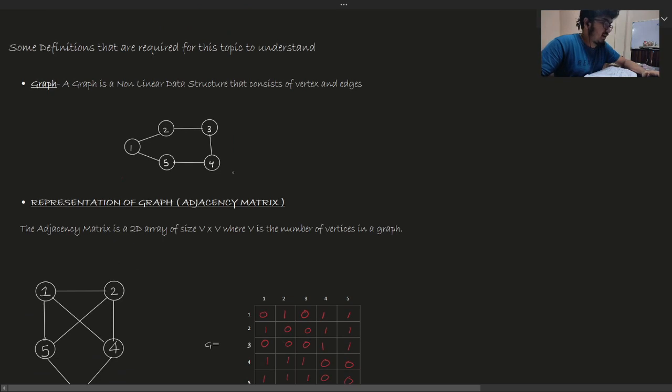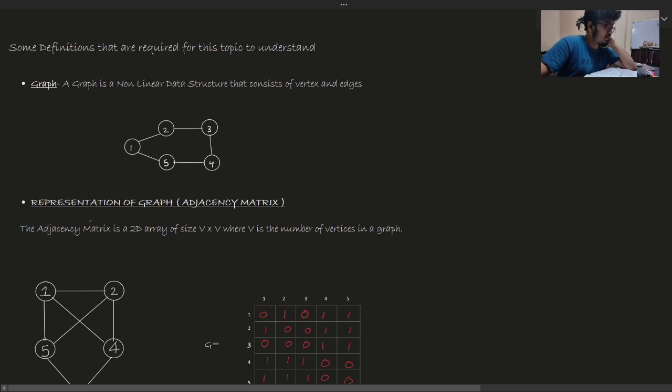How will we represent a graph? How will we code it inside the computer, inside the compiler? We can't do it like this figure, so we will have some representation of the graph that we can code.